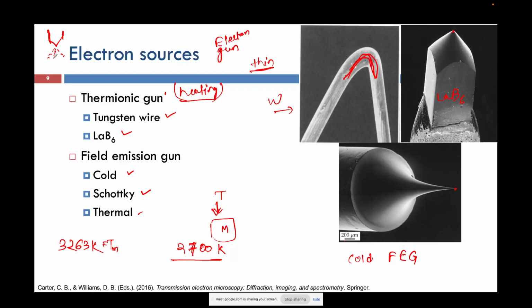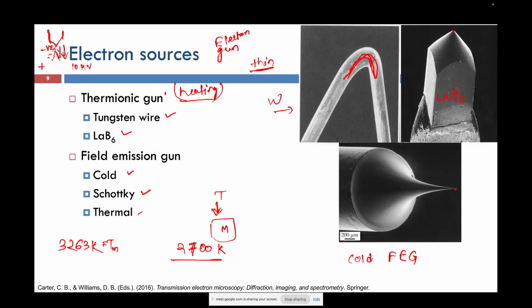How will we use those electrons? Since they are negatively charged, if I put some kind of positive potential, which may not be on the order of 10 volt or 100 volt but on the order of some kilovolt, let's say 10 kilovolt, then the electrons will start coming in this direction. So that is how we use the electron gun in scanning electron microscopy to view our image, right?